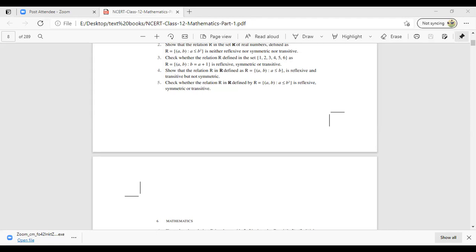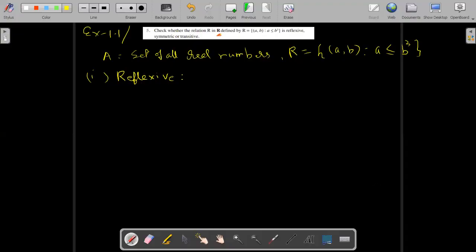If we find them, then it is not reflexive.